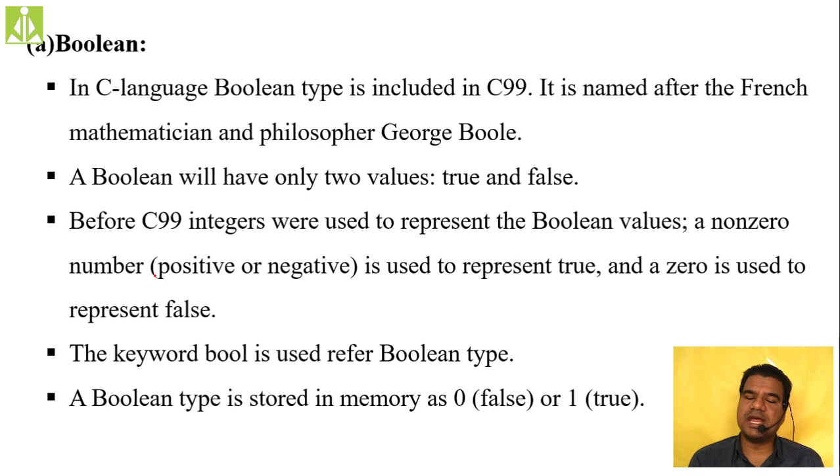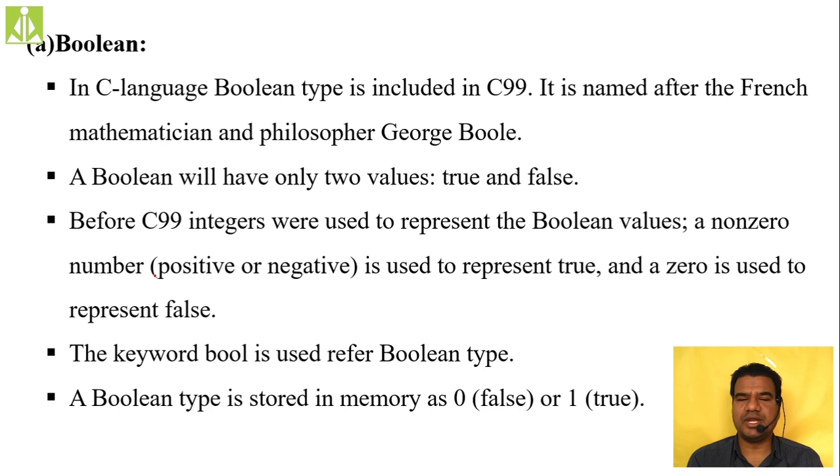Before C99 there was no Boolean type, so to indicate Boolean values in programming, integers were used. A non-zero number, whether positive or negative, indicates a true state, and zero indicates a false state.